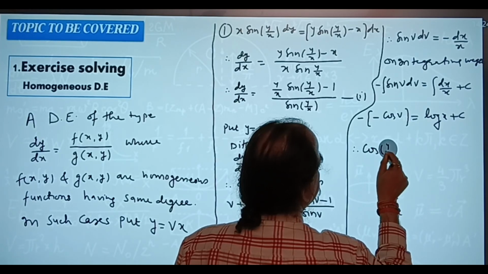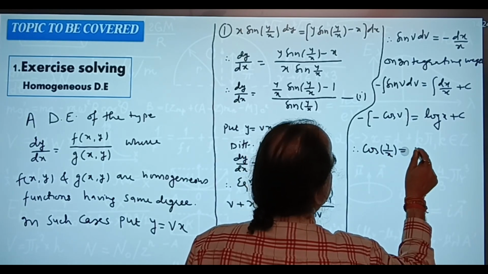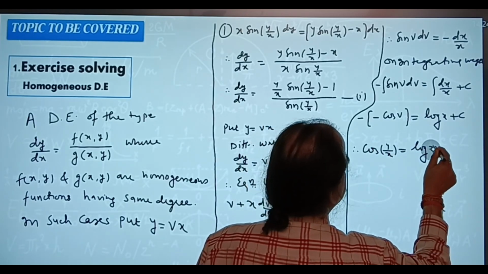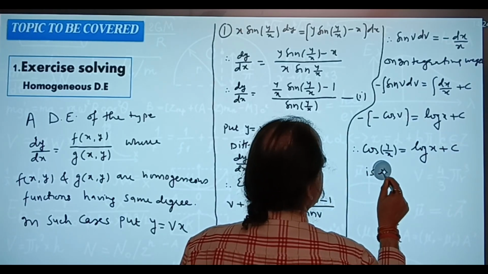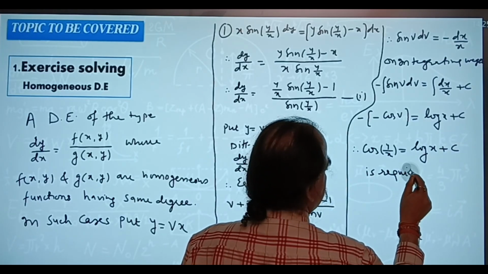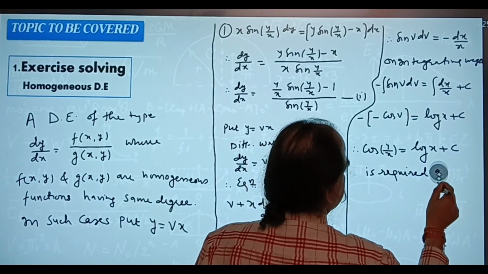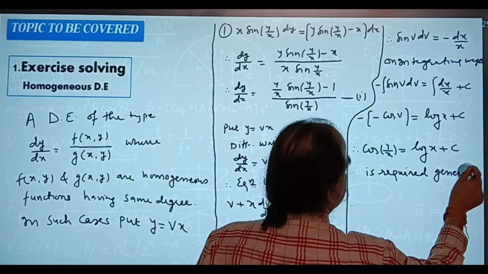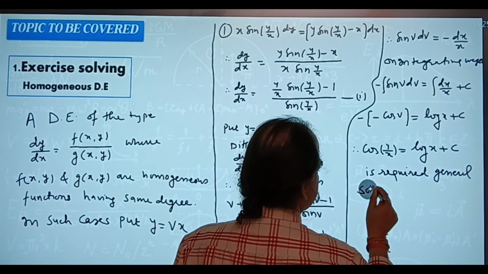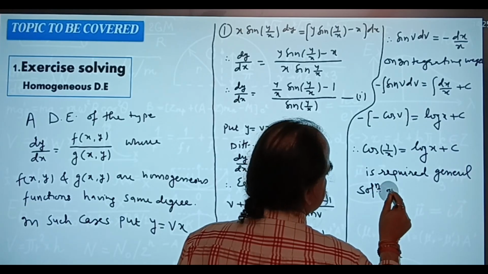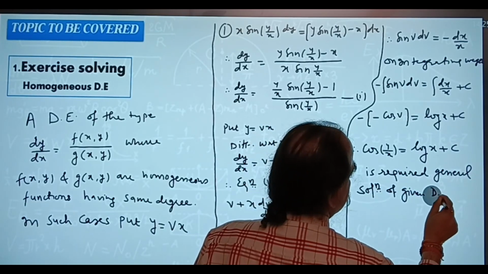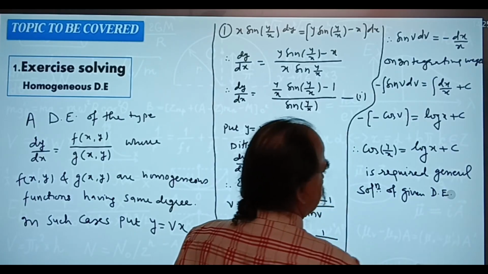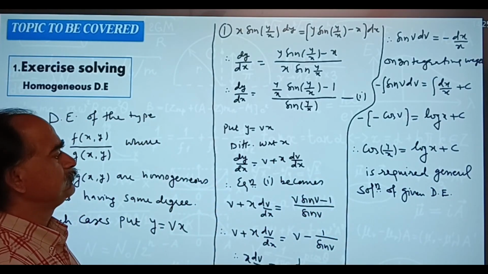Cos y by x is equal to log x plus c, which is the required general solution of the given differential equation.